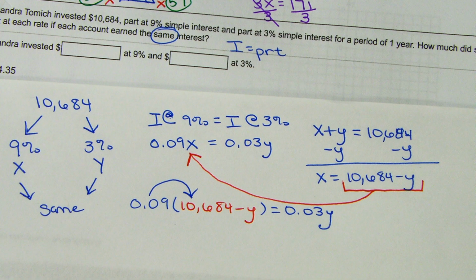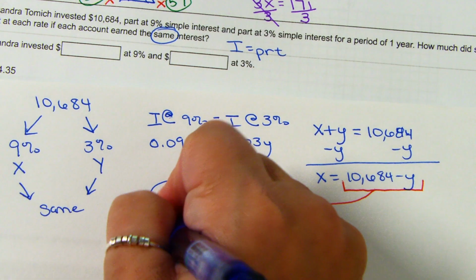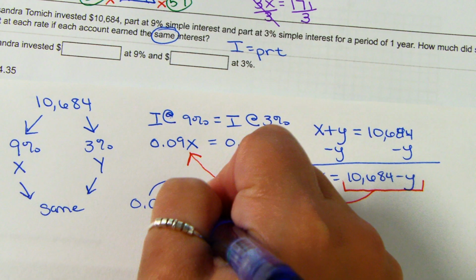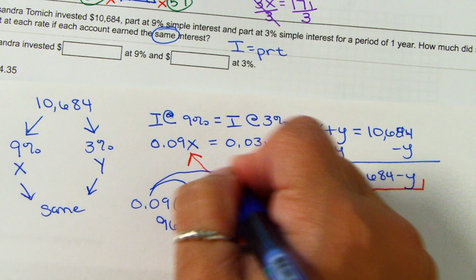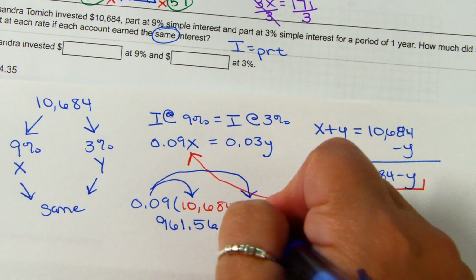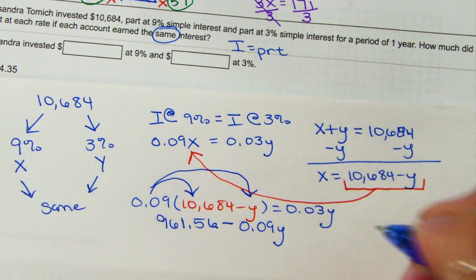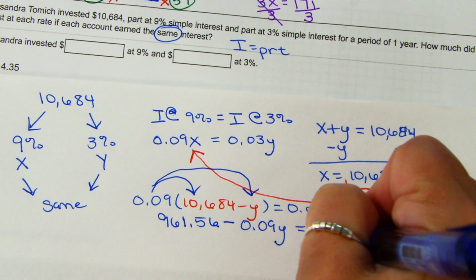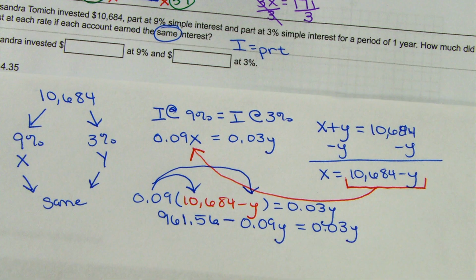And if x is $10,684 minus y, I can substitute that into my other equation in place of my x, and I can solve for my y. So that's exactly what I'm going to do. Instead of 0.09 times x, well, x is the same thing as $10,684 minus y, and that equals 0.03y on the right-hand side.